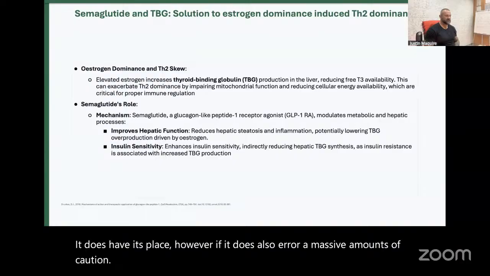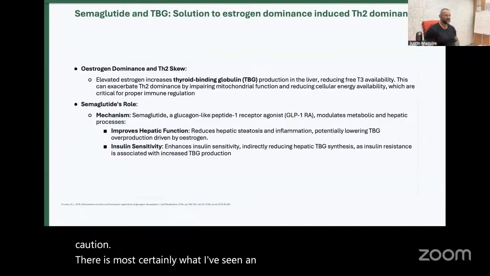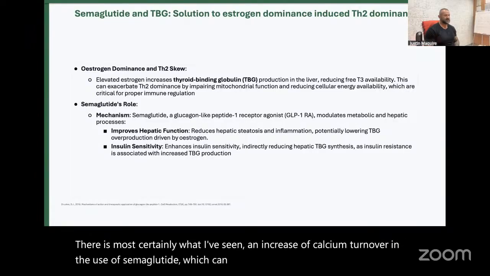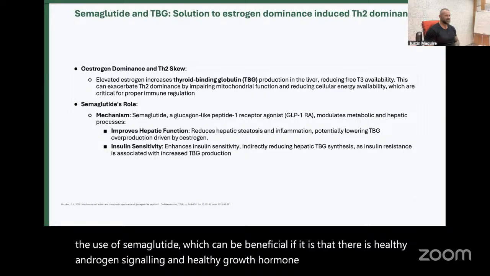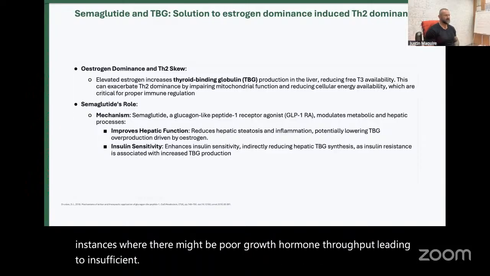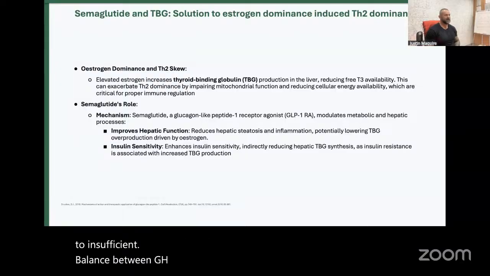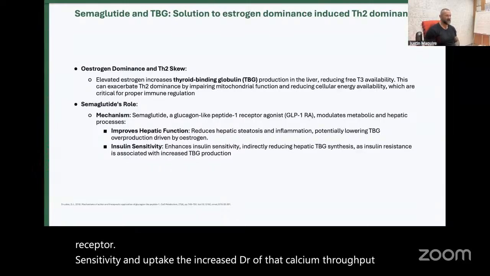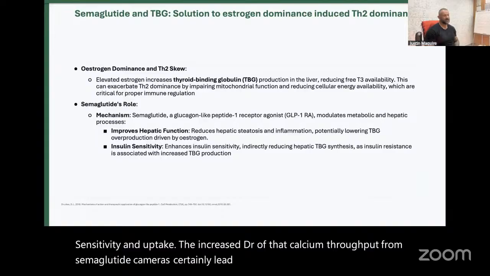There is most certainly, from what I've seen, an increase of calcium turnover in the use of semaglutide, which can be beneficial if there is healthy androgen signaling and healthy growth hormone availability. But in instances where there might be poor growth hormone throughput, leading to insufficient balance between GH and IGF-1 activity, as well as insufficient androgen receptor sensitivity and uptake, the increased drive of that calcium throughput from semaglutide can most certainly lead to an overly excited nervous system.